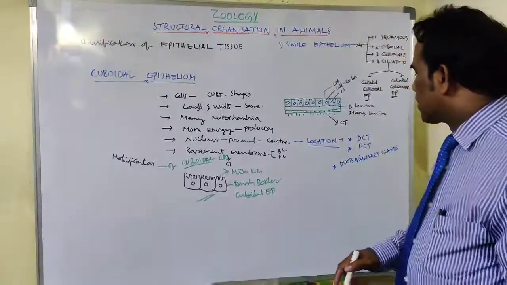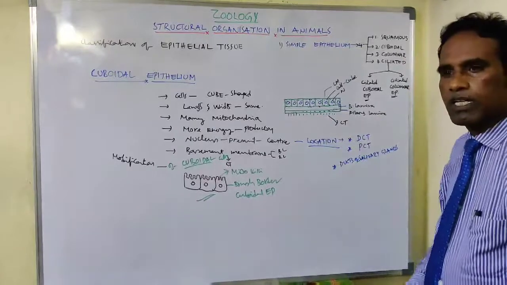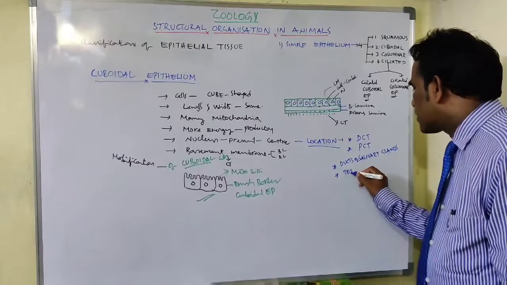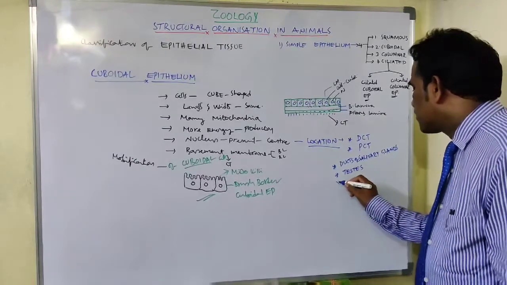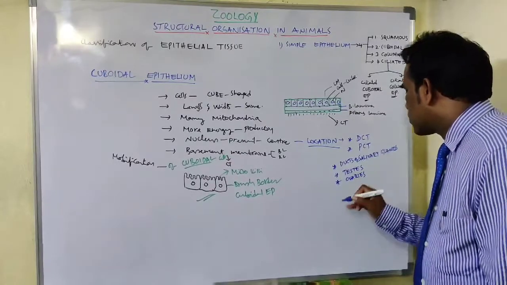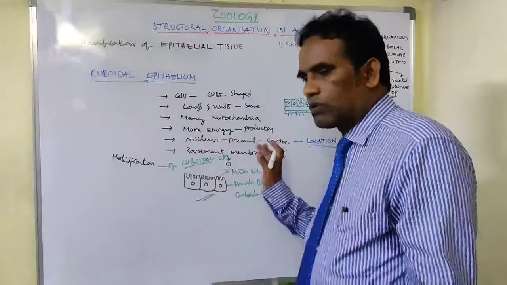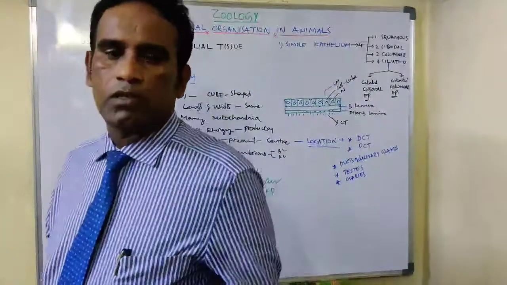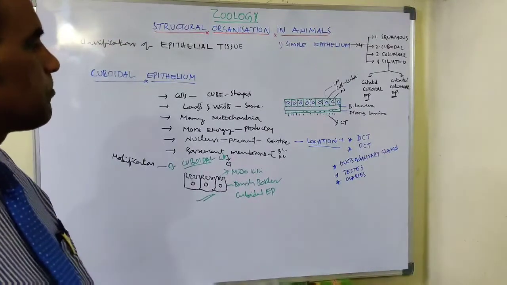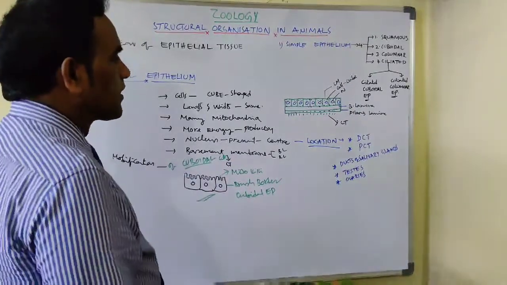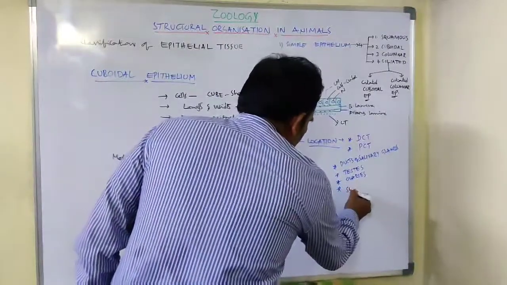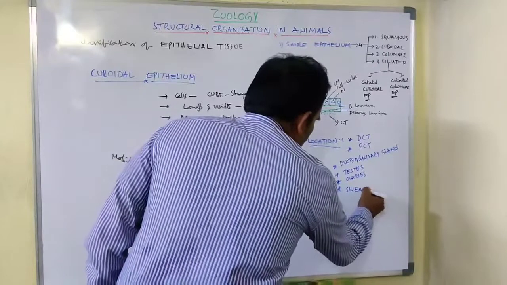The ducts of these salivary glands contain this tissue, and it is also present in the testes and ovaries, the seminiferous tubules of the germinal epithelium, and in the sweat glands.